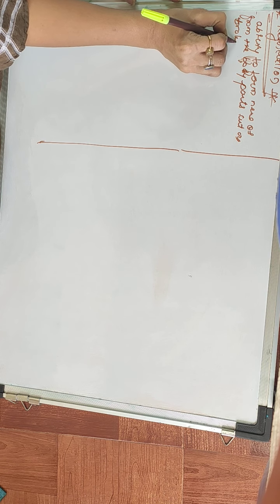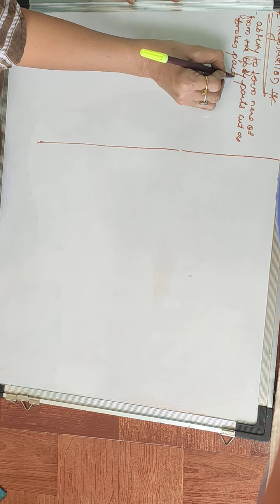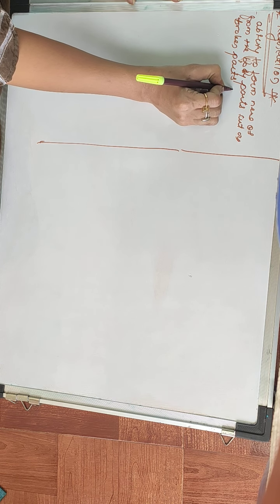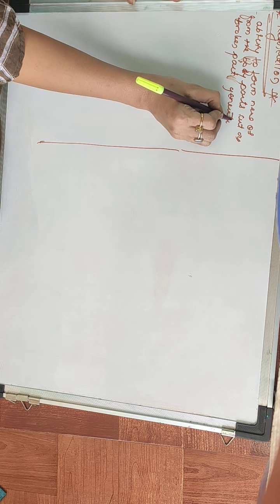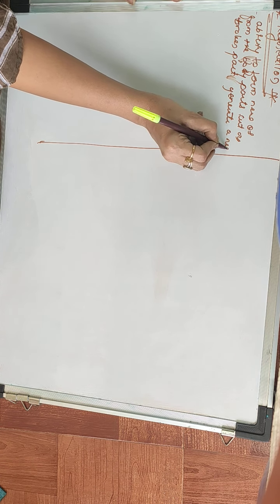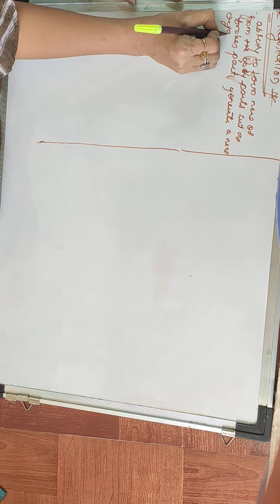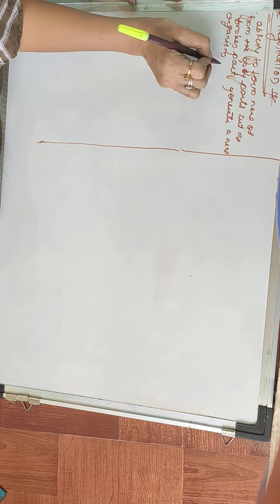We can say these broken parts generate new organisms. That process is known as regeneration. What do you mean by regeneration? Regeneration is the ability to form a new organism from the body parts that are cut, or the broken part that generates into a new organism.